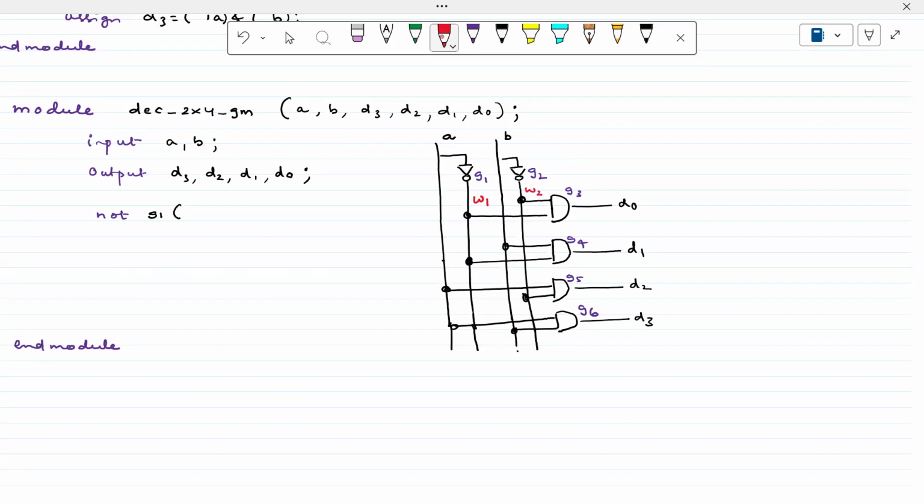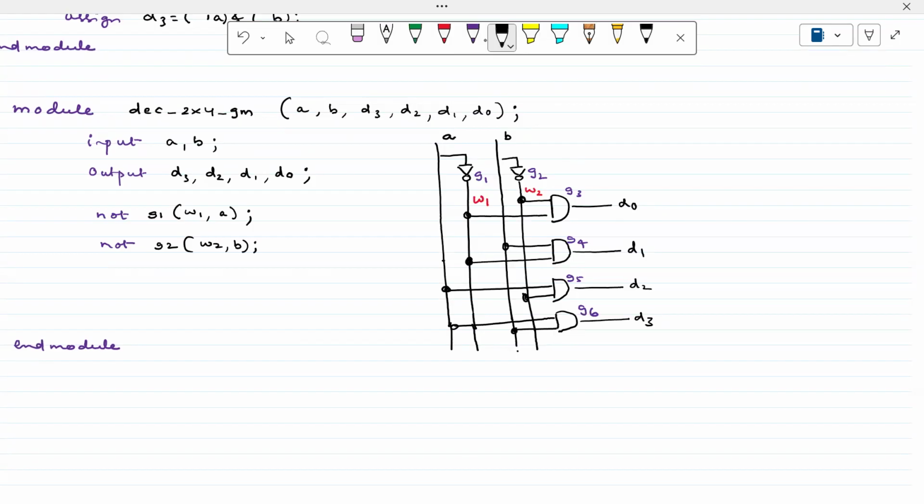Assume that W1, W2 are internal to the block, whatever variables we use internally. So let me write here W1, comma, A. Now, we'll take another NOT gate, G2, W2, comma, B.